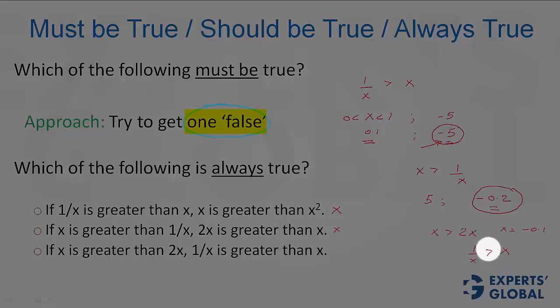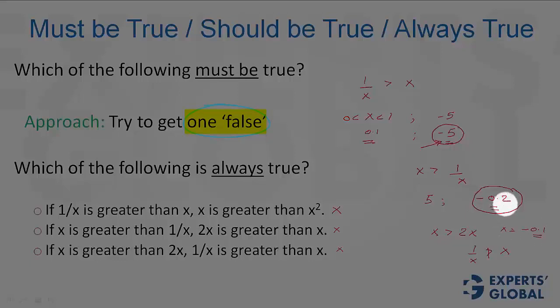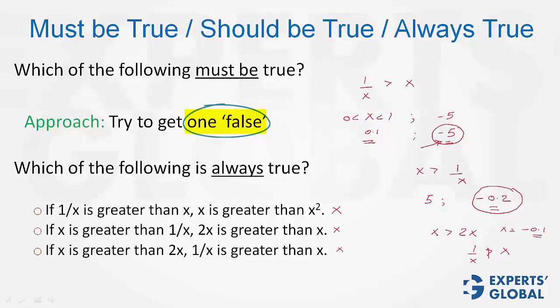It would become negative 10, which would not be greater than negative 0.1. So once again, we have got one case where we could say that this statement is false. If you are wondering how I am choosing such values, negative 0.1, negative 0.2, all of these, I have taken this up in detail in our inequations videos. You may want to watch these conceptual videos.